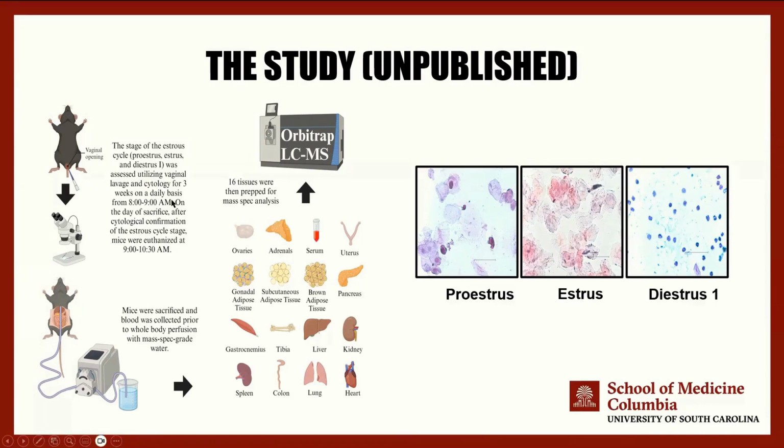After 3 weeks of confirming that the mice were cycling, we sacrificed them between 9 and 10:30 a.m. We collected their blood, perfused the whole body with Max Spec grade water, 50 mLs, and then collected these 16 tissues and examined sex steroids.